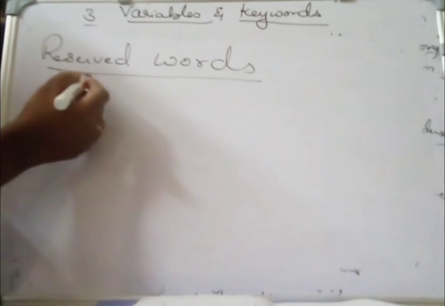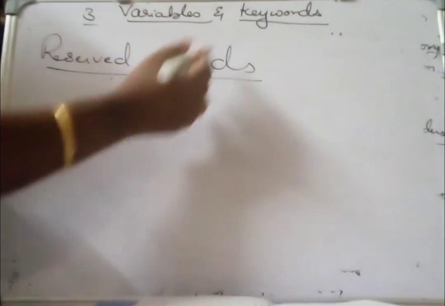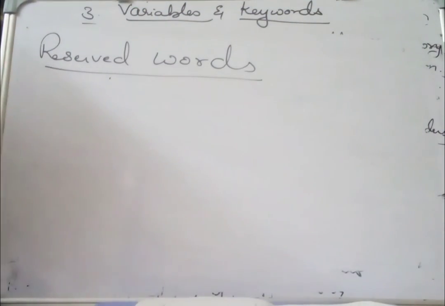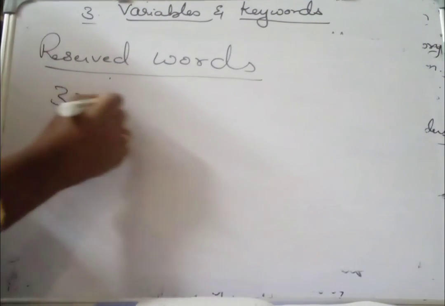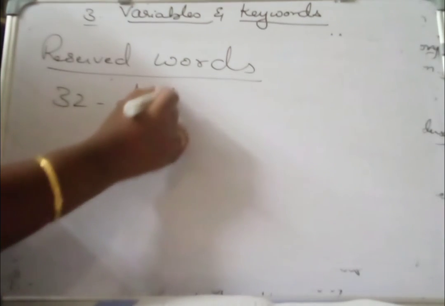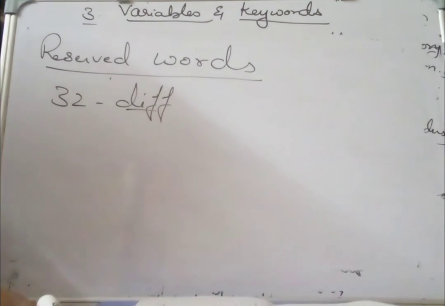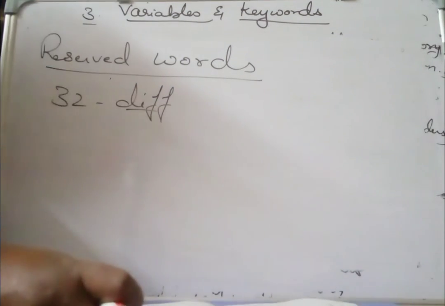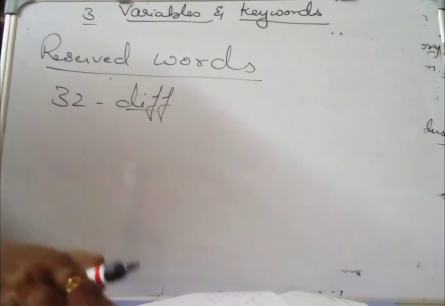And next, coming to the keywords. Keywords are nothing but the reserved words of the compiler. The meaning of these reserved words is already stored in the compiler. So we cannot use these reserved words or keywords as variables. Totally there are 32 different kinds of keywords, and those cannot be used as variables.